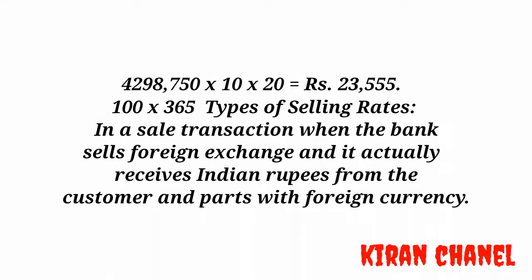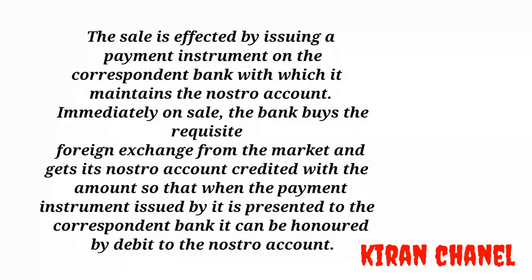Types of selling rates. In a sale transaction, the bank sells foreign exchange and actually receives Indian rupees from the customer and parts with foreign currency. The sale is effected by issuing a payment instrument on a correspondent bank with which it maintains the nostro account.